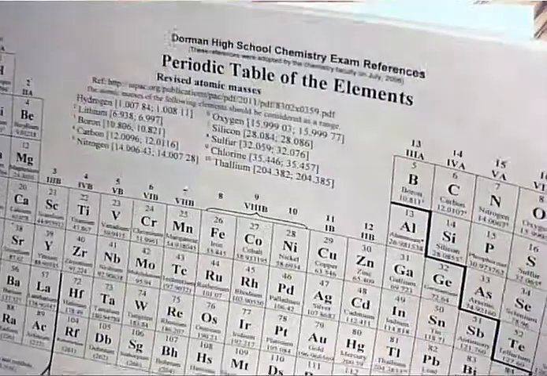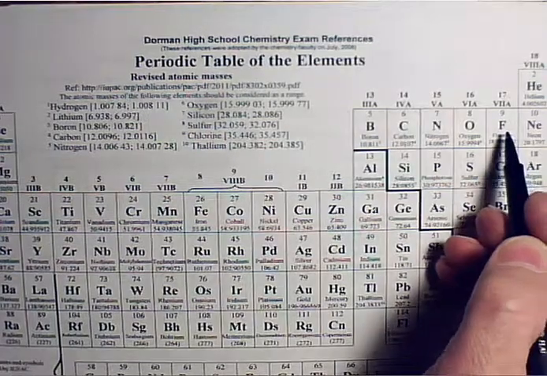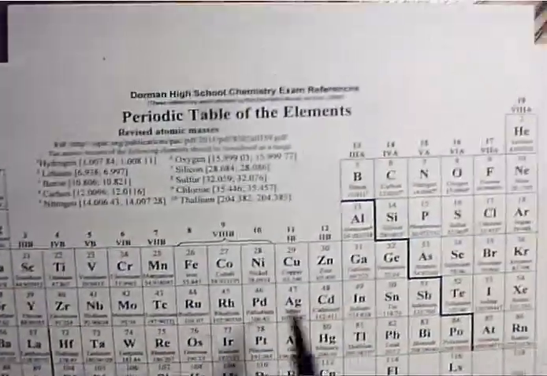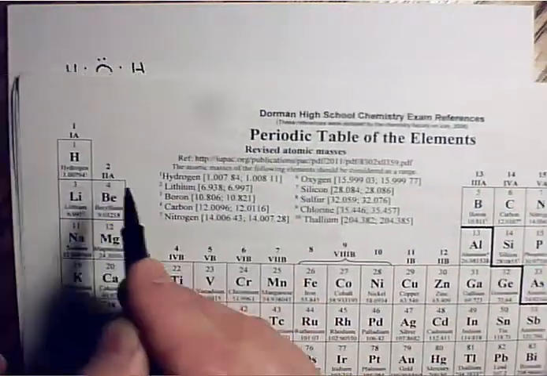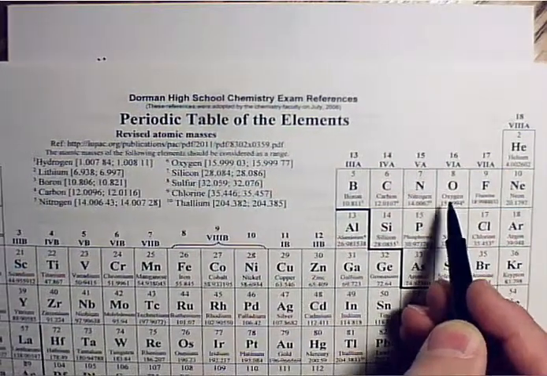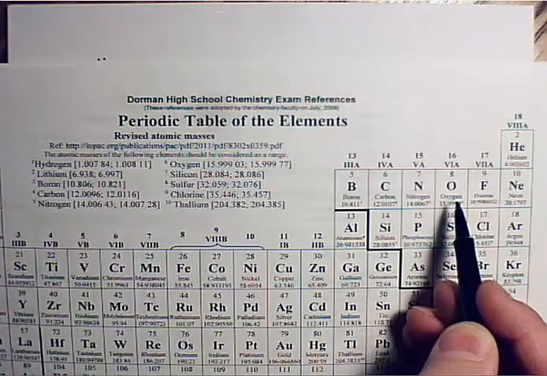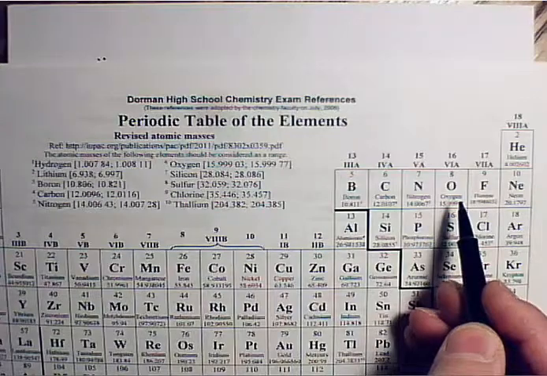Okay? Well, if you remember when we were doing the patterns on the periodic table, we said that the electronegativity of elements up here is higher than the ones down here. So, oxygen has a higher electronegativity than hydrogen does. And the definition of electronegativity is a relative measure of how hard one atom pulls on the electrons that it shares with another atom.